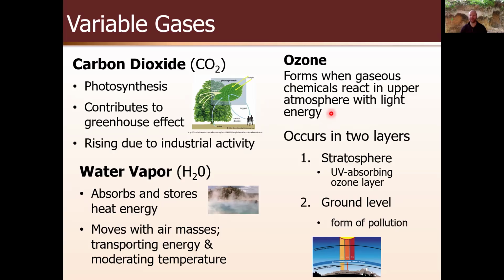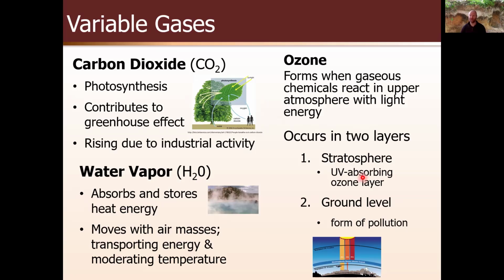Another really important gas is ozone. And so ozone, O3, does occur in our lower atmosphere, the troposphere, but we're really going to be focusing on ozone in the stratosphere. We'll talk about the layers of Earth's atmosphere later. Within the stratosphere, ozone is most abundant, and it also is incredibly important.